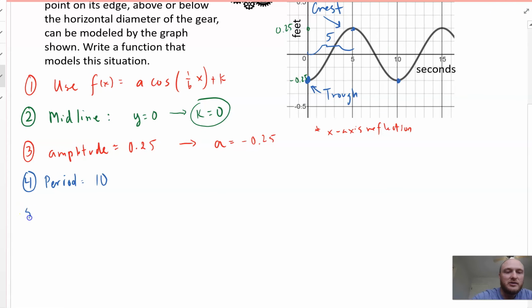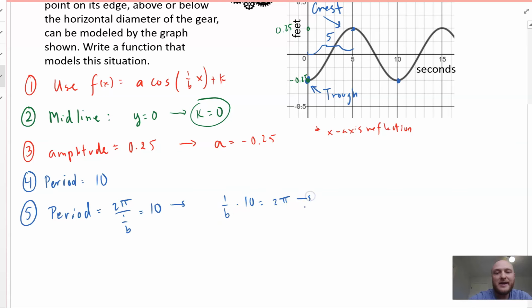All right, moving on. Next, we know that the period, which is 2 pi over 1 over b, is equal to 10. So if I want to solve this, I can multiply both sides by 1 over b. So 1 over b times 10 is equal to 2 pi.